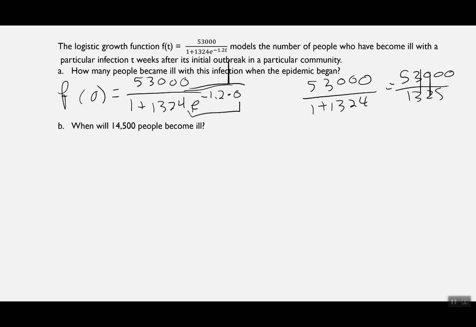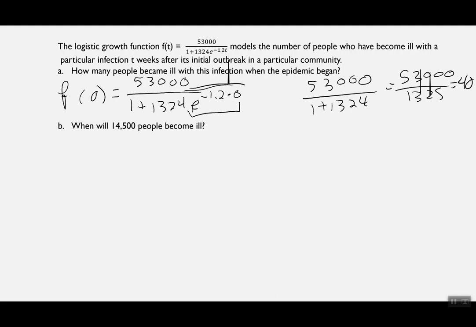So that's what I'm going to do in my calculator, put in 53,000 divided by 1325, and it says 40. Okay, so this says this infection started with 40 people. 40 people were sick, and maybe it's just 40 people were sick before people realized it was an epidemic, right? Like if 1 or 2 people are sick, nothing's going on. If all of a sudden 40 people are sick, maybe we start looking at it, okay?